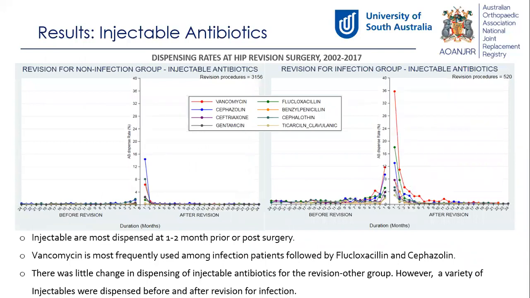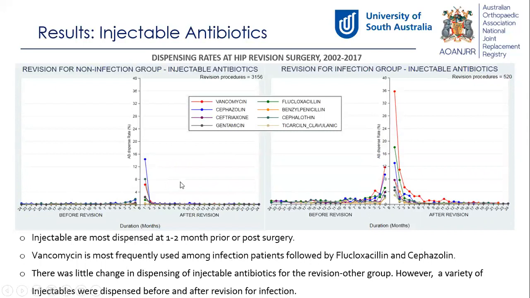And then we have looked at the different types of antibiotics: injectables and orals. Injectables are most commonly dispensed in the first to second month before and after their surgery. This red one is vancomycin, which is the most frequently used among these patients, followed by flucloxacillin and cefazolin.